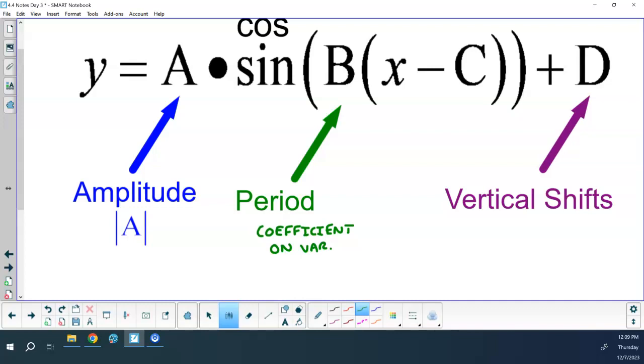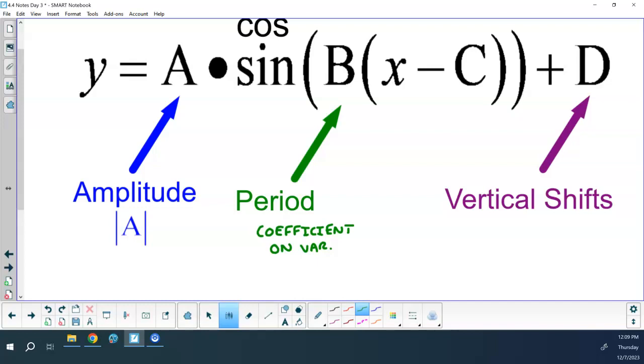Most of the time it's going to be x. Sometimes it could be theta. It'll be the coefficient on that variable. Or, hopefully, it will be factored out for you, and there'll be two sets of parentheses after the trig function. So it'll look like this. If not, you're going to make it look like that.